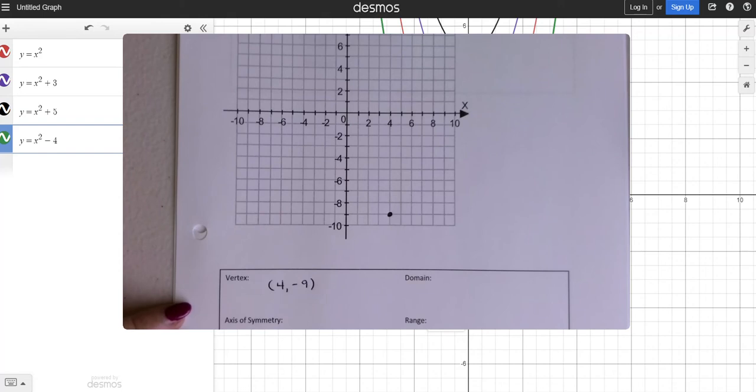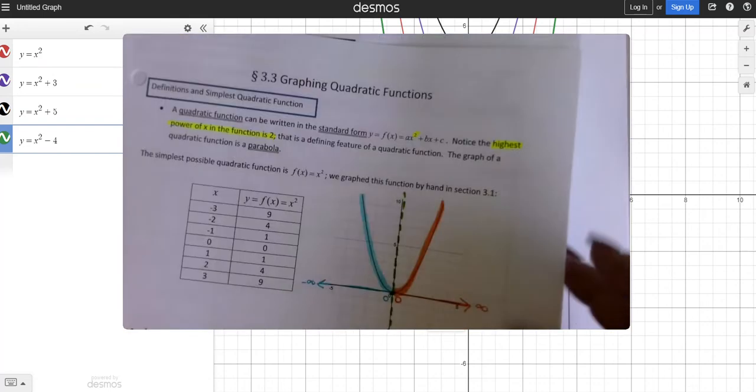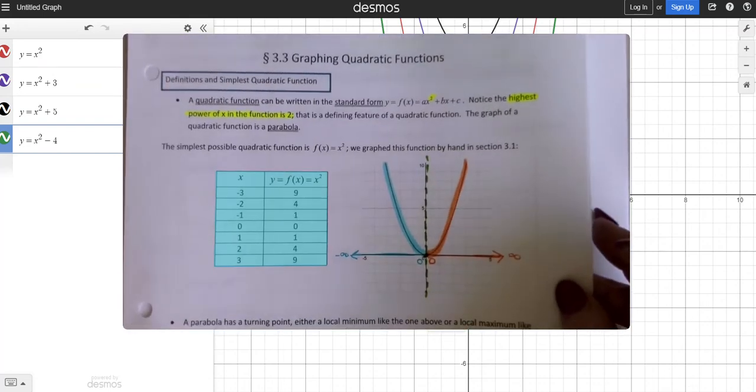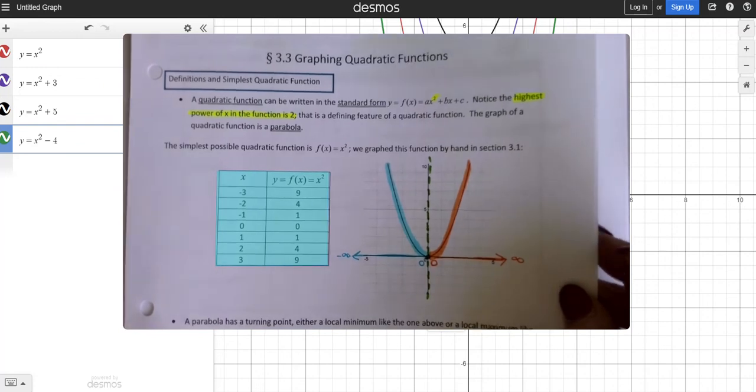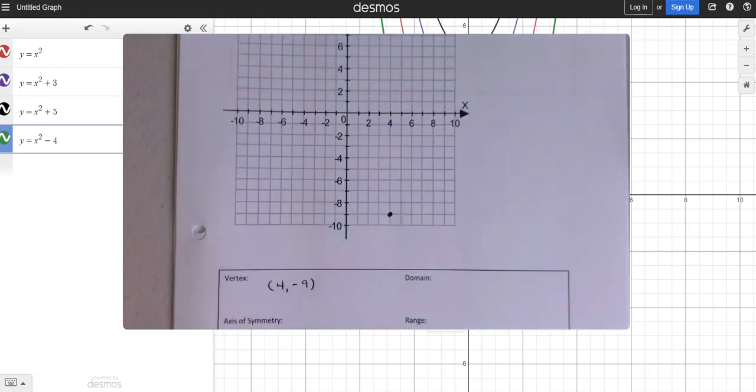As long as I have the vertex, I actually can draw the axis of symmetry if I want to. Remember that the axis of symmetry always goes right through the vertex. If you look at the parent function, it's just a vertical line through the vertex. So, if I want to, I can draw my axis of symmetry right now.